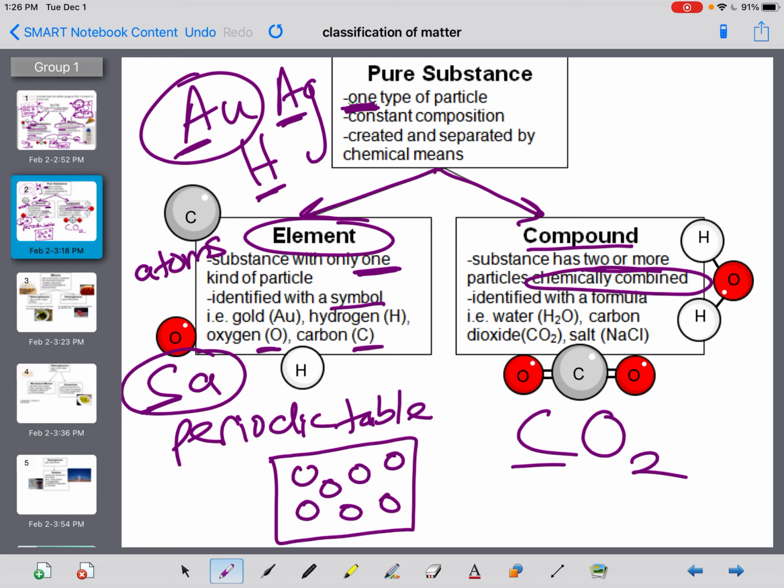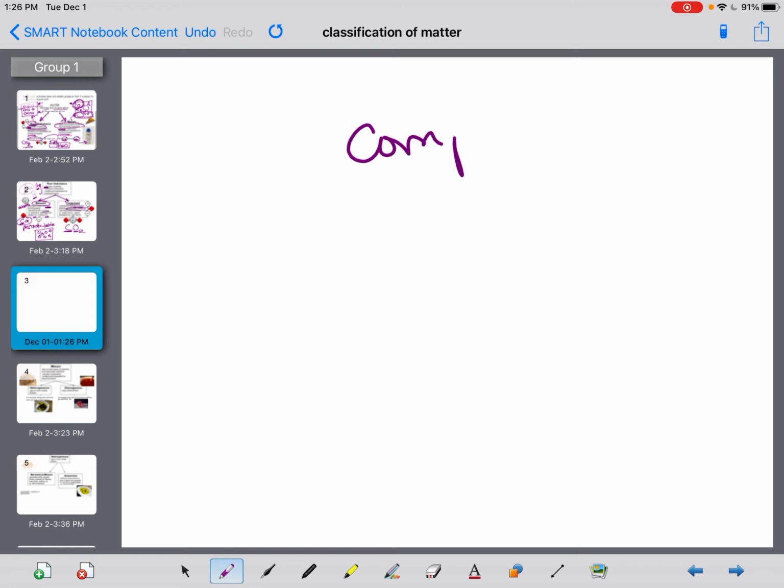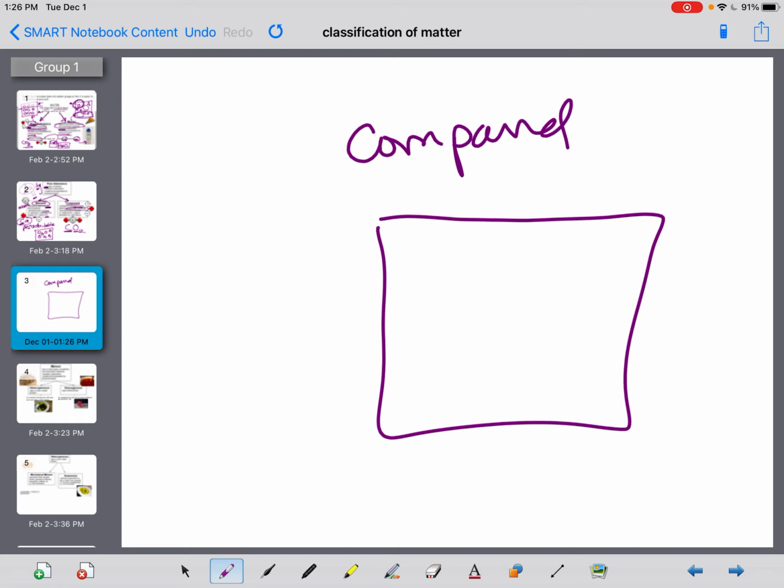That means that we have two types of elements that are together in this one particle. So when we're drawing a particle picture of a compound, okay, you're going to see that there's going to be two or more connected circles.